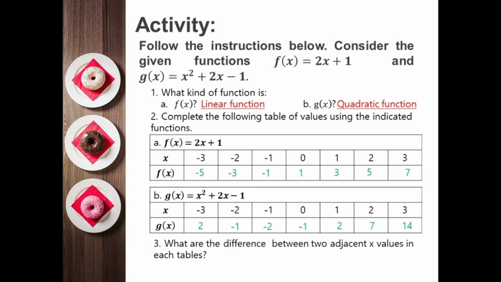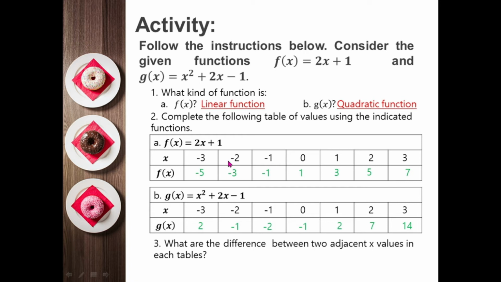What are the differences between two adjacent x values in each table? For our first table, the function f of x is equal to 2x plus 1, and for g of x is equal to x squared plus 2x minus 1. What is the difference between the two adjacent values of x in each table?